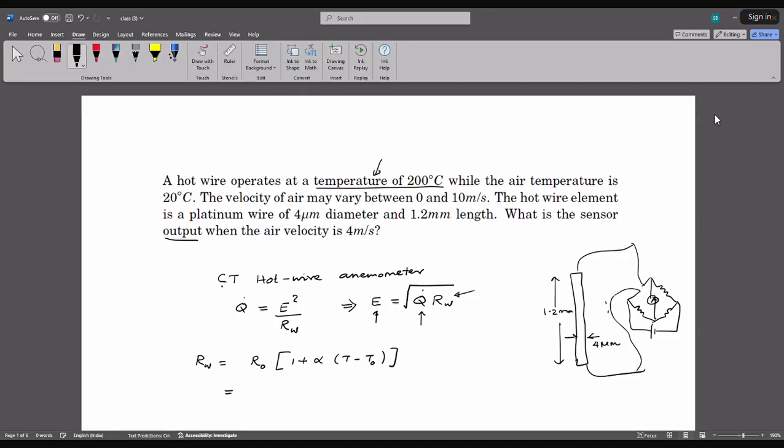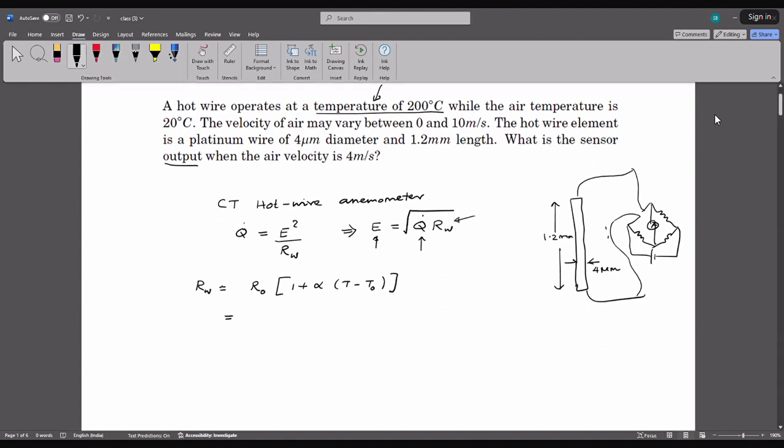And in this case, the resistance of the wire, the temperature is known, 200 degree centigrade, right? So we need to find out the material properties of the wire.